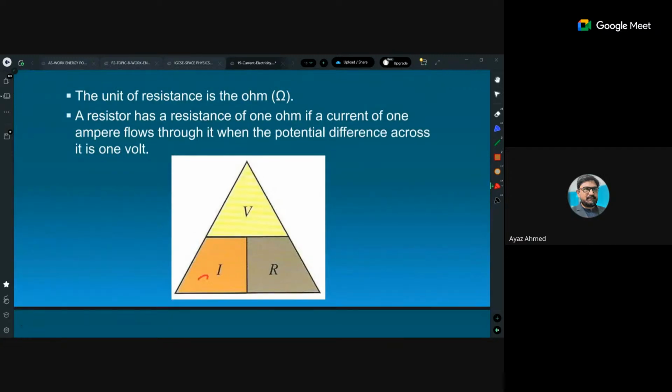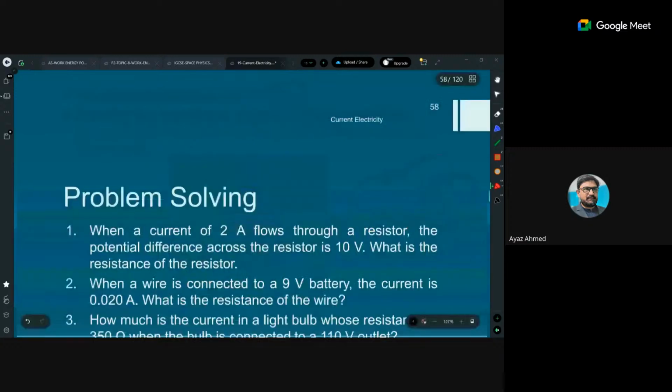I is equal to V by R. Just put finger on that what you want and remaining will be available. I is equal to V by R. R is equal to V by I. V is equal to I into R. So its unit is ohm, and 1 ohm resistance is when you are having 1 volt potential difference across a resistor and it provides 1 ampere current. Then resistance is equal to 1 ohm.